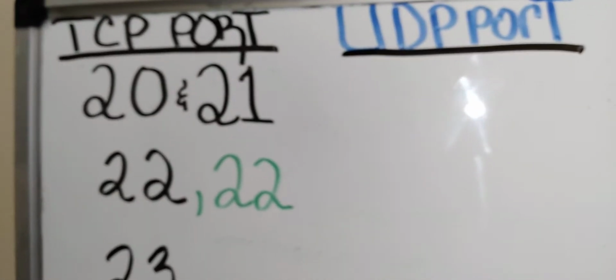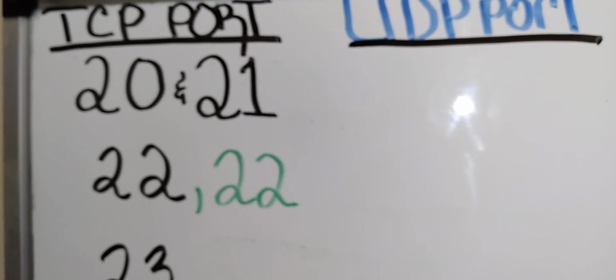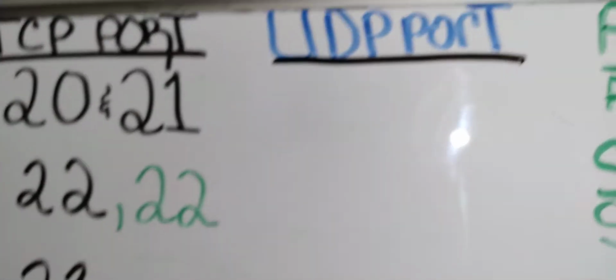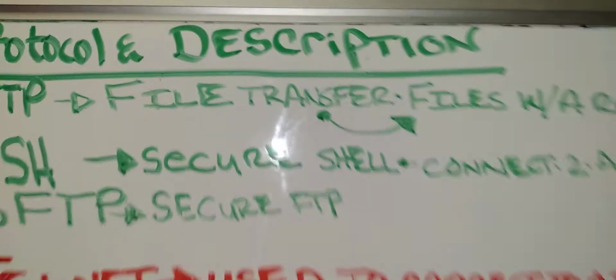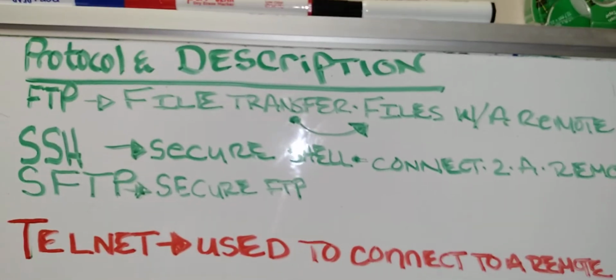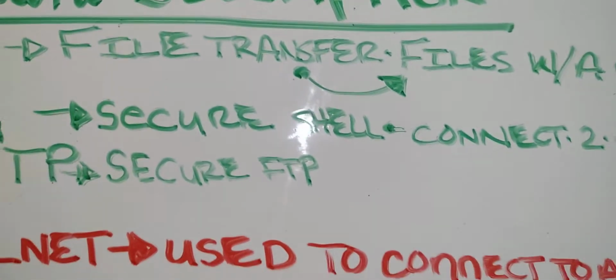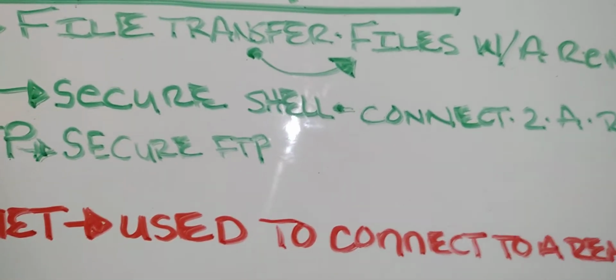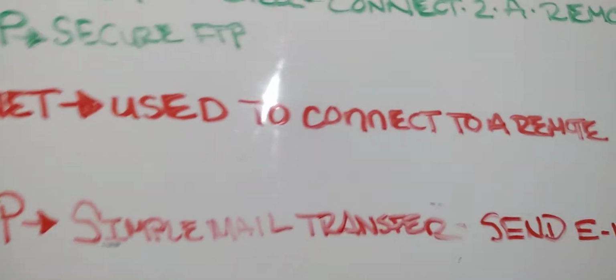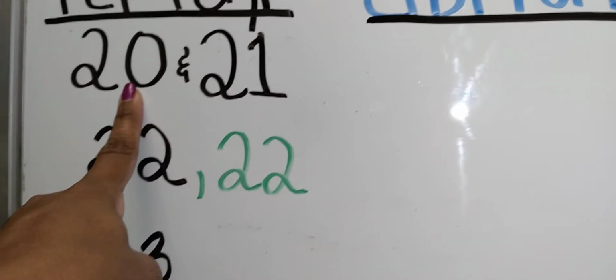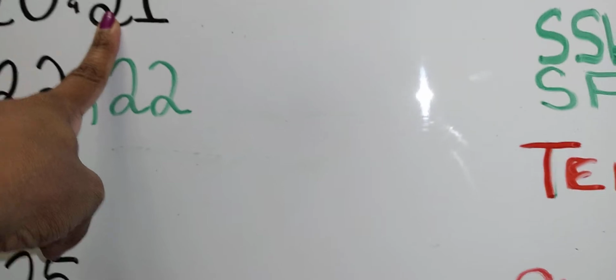And as you can see, it says 20 and 21. So the 21 will be a TCP, an FTP connection. This is FTP data as well as an FTP connection. So this one is 20. The FTP data is 20.